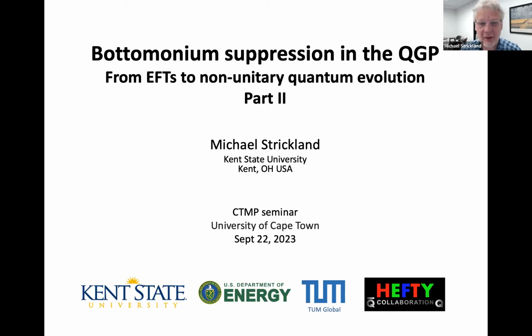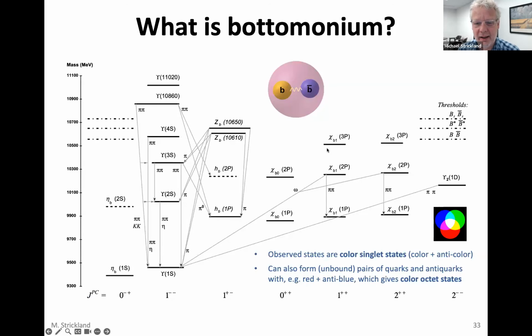All right, so picking up from where we left off last time, we were talking about bottomonium suppression, and I had sort of introduced you to bottomonium. Bottomonium is a bound state of a bottom quark and an anti-bottom quark. The mass of this bottom quark is on the order of 5 GeV, and the mass of the bound states, as you can see here, on the order of 10 GeV as a result.